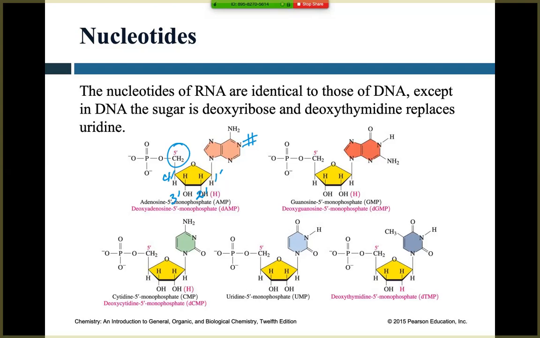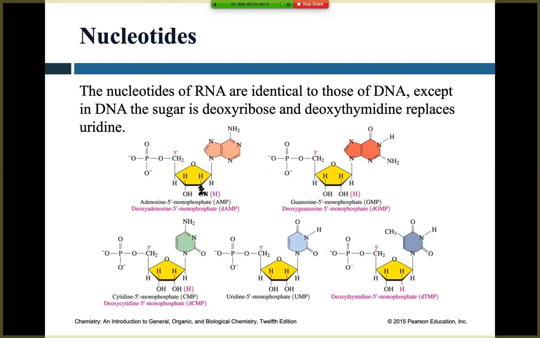To distinguish between RNA and DNA, we said the only difference between RNA and DNA, and that's actually what's shown in pink, is that in DNA, that 2' hydroxyl is gone. That is the only difference between RNA and DNA.